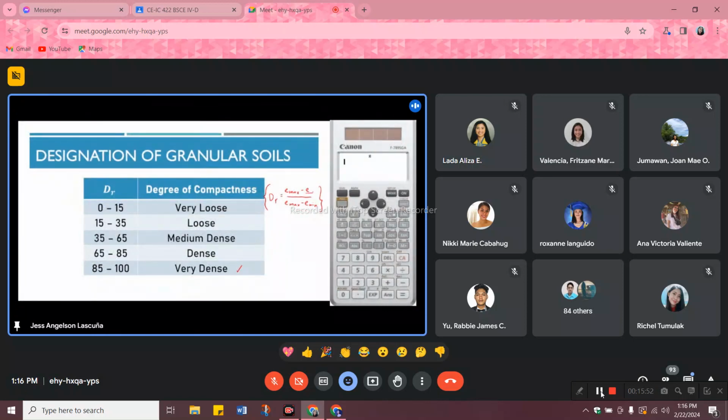Your E will always fall between this range. So meaning if it is very dense, the range between your dense state and your loose state is very close. Very close.